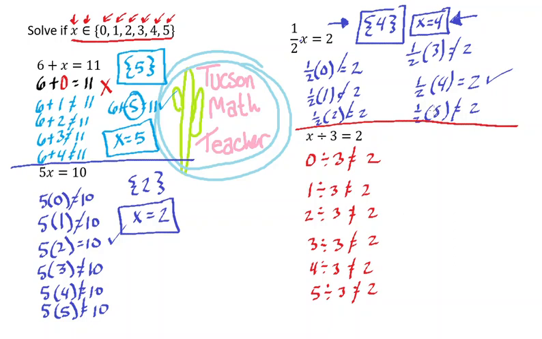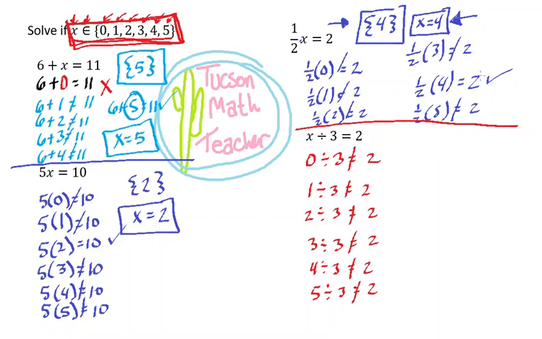Now this one is frustrating because you know the answer is x equals 6. But if you know that, then you're wrong. Because the question said, and this is way back up here at the top, if x is one of these numbers, which number makes this equation true?